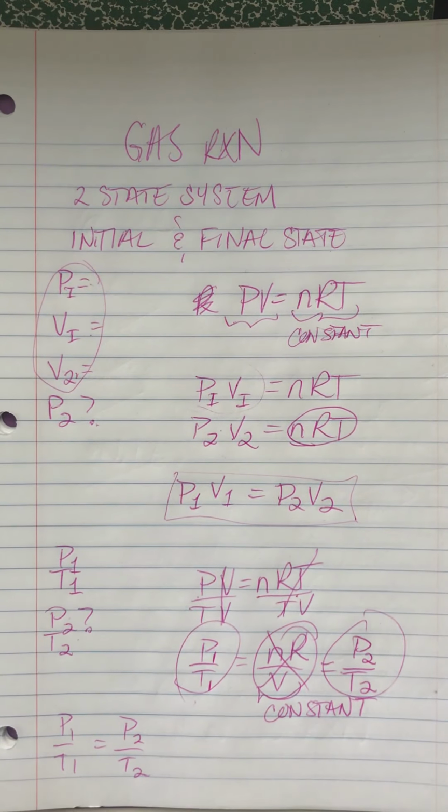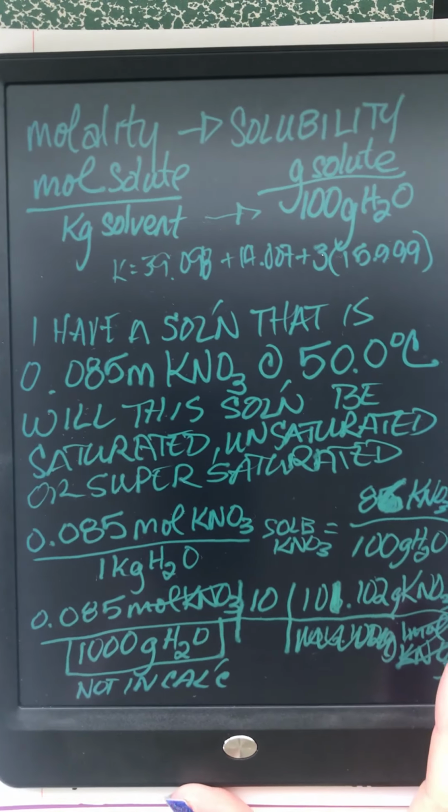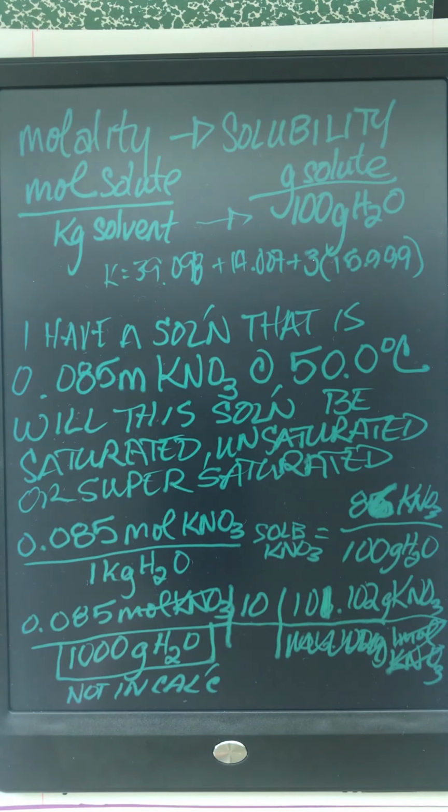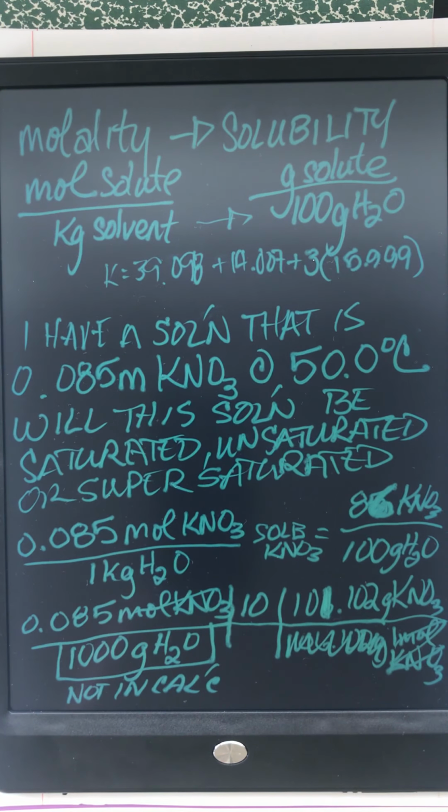If there was a problem like that, wouldn't you just know that it's saturated because it is so close? Or in a hypothetical question, would you obviously make it either unsaturated or supersaturated? Yeah, it kind of has to be obvious because otherwise those graphs are hard to read.